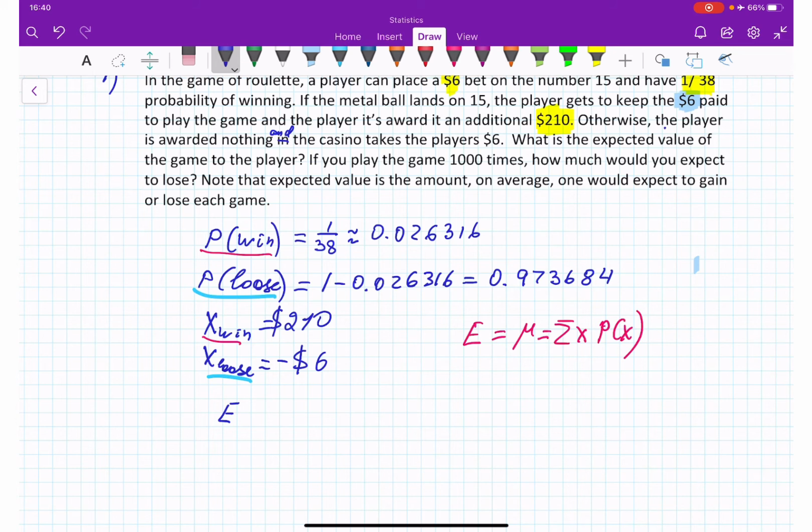Expected value is equal to X win times probability of win, plus X lose times probability of lose, and since loss is negative 6, it's minus 6 times probability of losing.